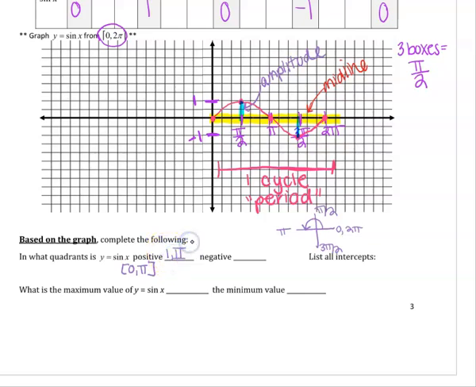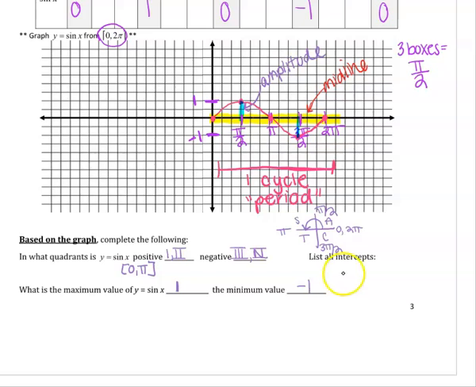Now this should make sense because based on our ASTC chart, we know that sine is positive in both the first and second quadrant, which means it's negative in quadrants 3 and 4, which means it's dipping below the x-axis. And that's how visually that all ties together with your ASTC chart. So for negative, let's write down quadrant 3 and 4.